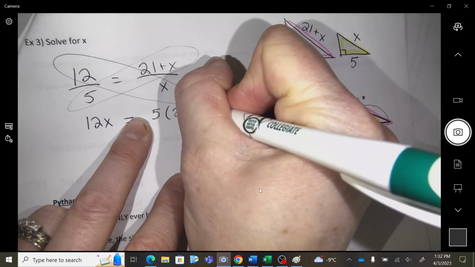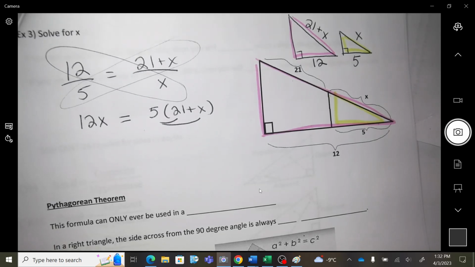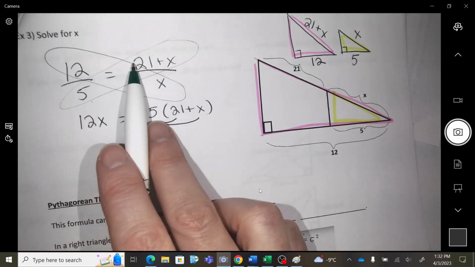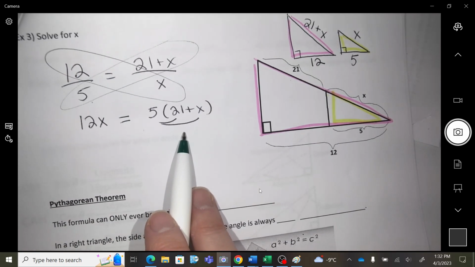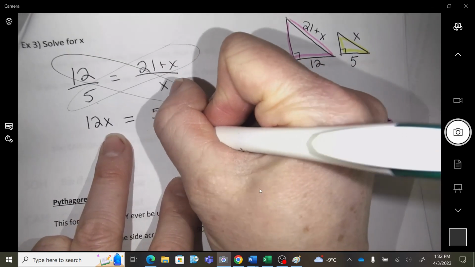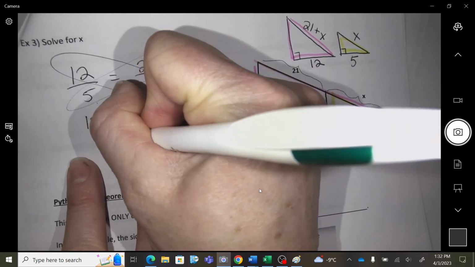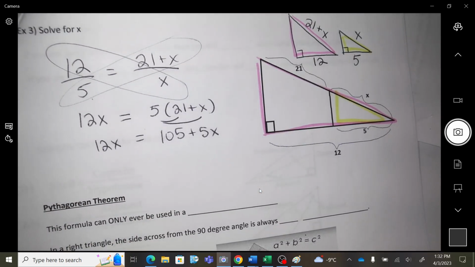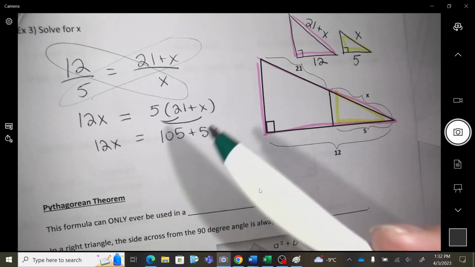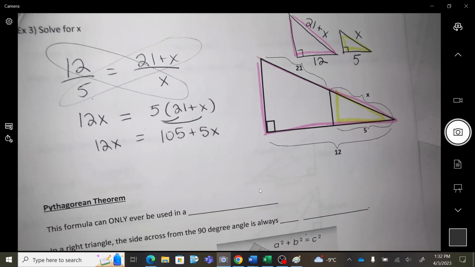You're going to have to do a times like that, a distribution on the 5. 5 times that. Does that make sense? It's a distribution timesing. Everyone's okay with that distribution? 5 times all that, yeah.